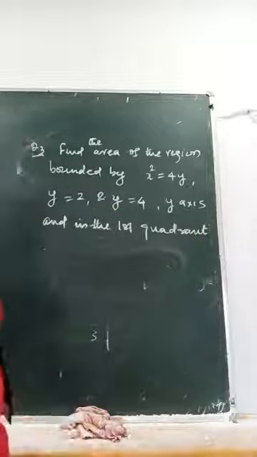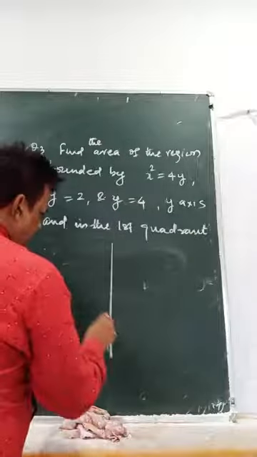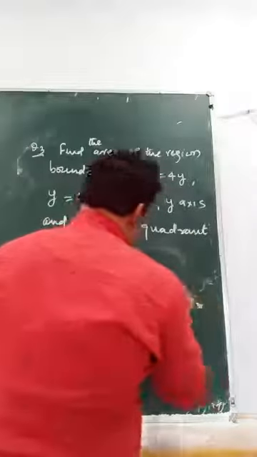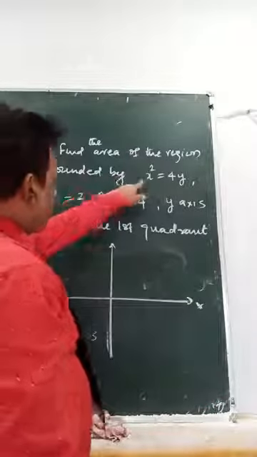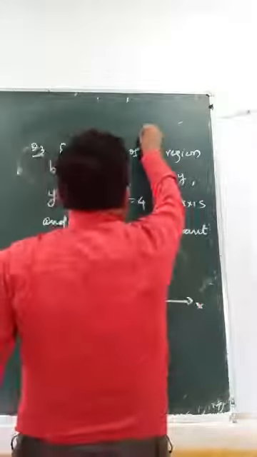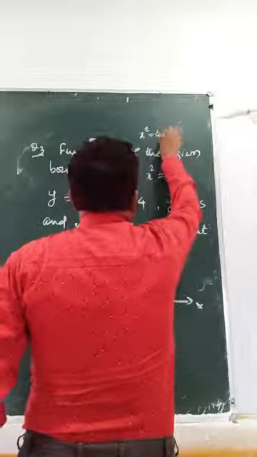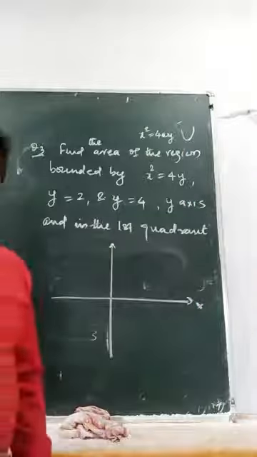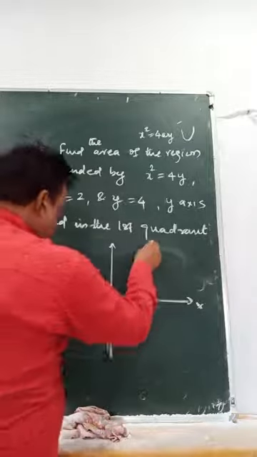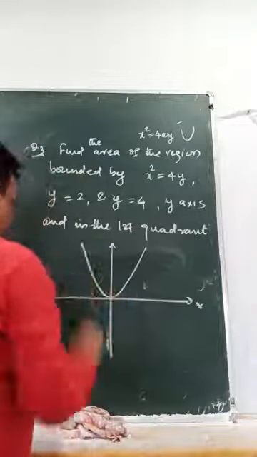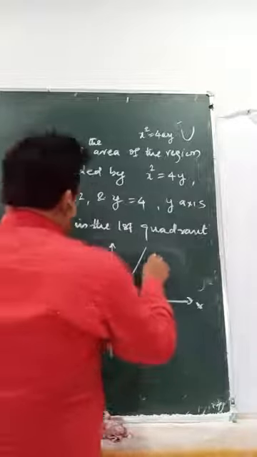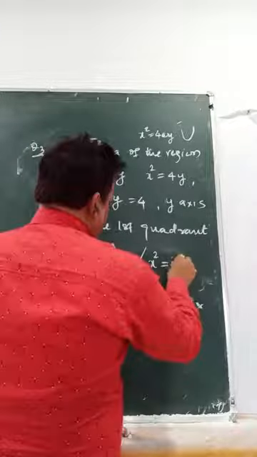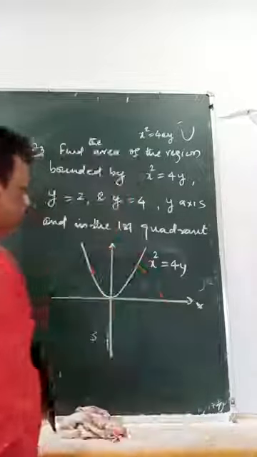Okay, look at how is the shape of the graph. X square is something y. This is like this. Okay, that means our curve will be like this. Exactly is not required, only the shape you need.